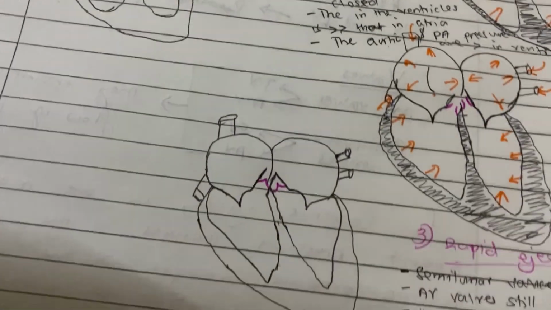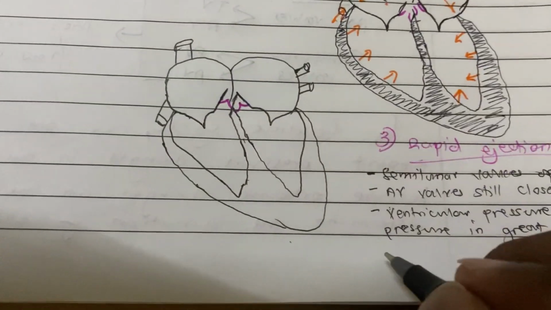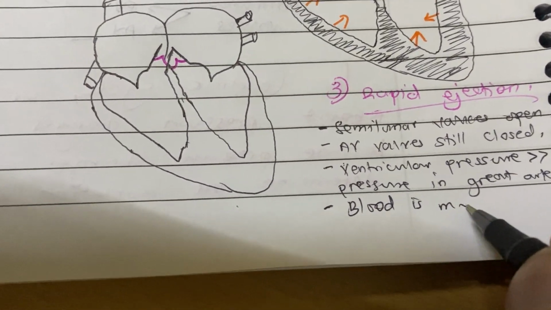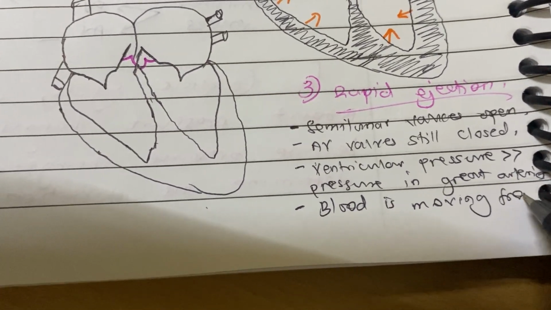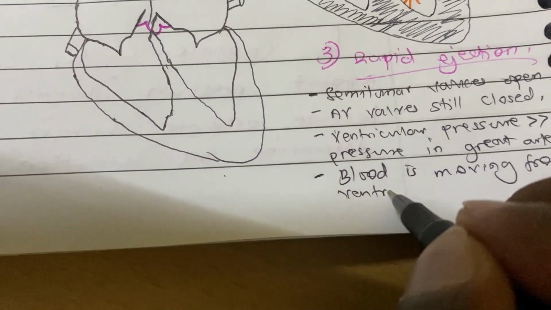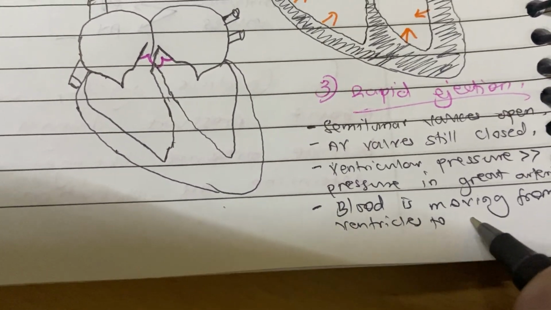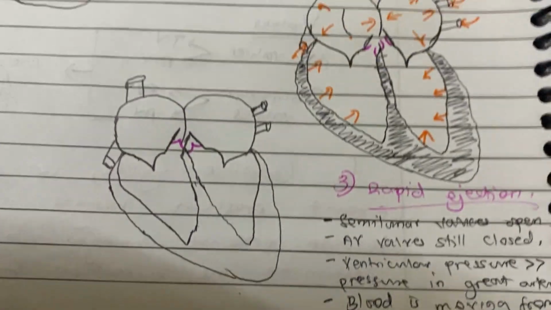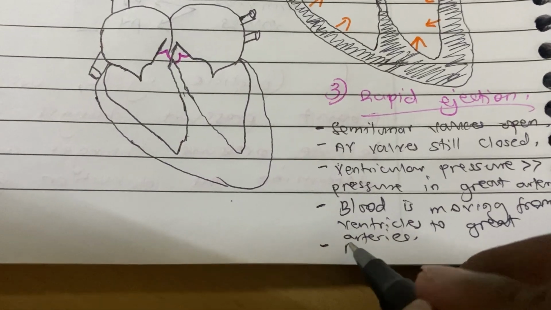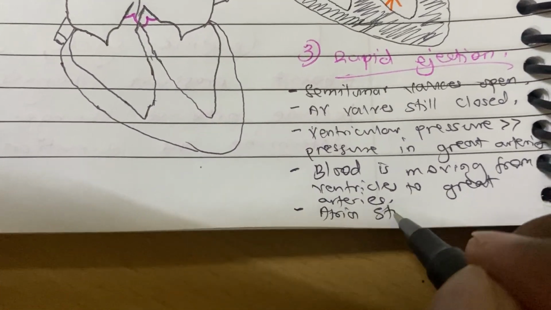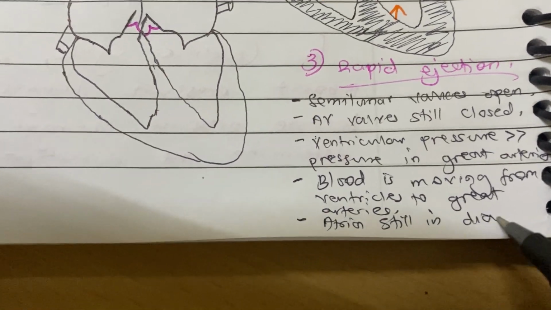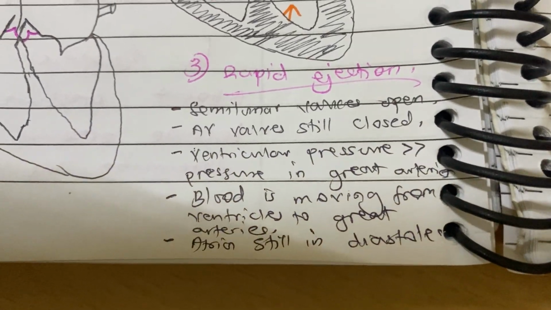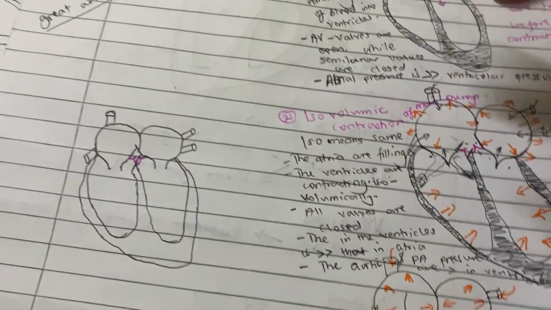And now blood is moving from ventricles to great arteries. Meanwhile, atria still in diastole. Clear? So this is what happens in phase 3.